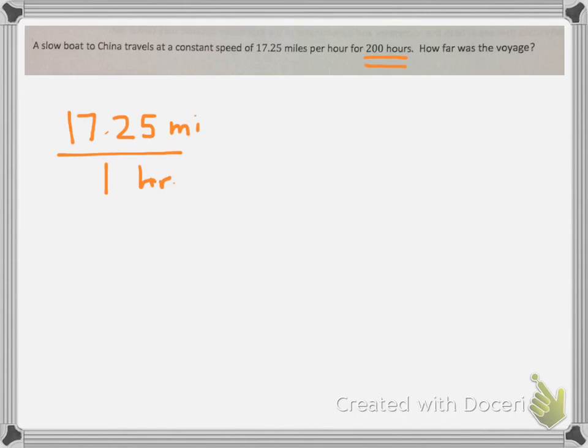So we're going to use something called unit analysis, and that is I'm going to multiply by some conversion rate that will allow me to cancel the hours and leave me with miles. So in order to cancel the hours, they have to be opposite of the fraction bar. So if I have hours in the denominator in my original rate, I can put hours in the numerator and they will cancel.